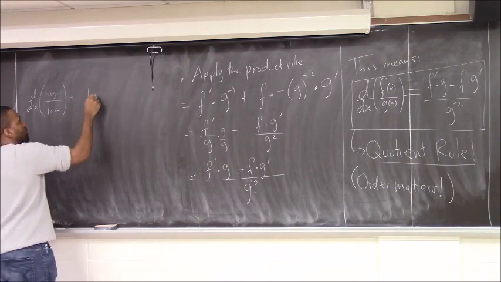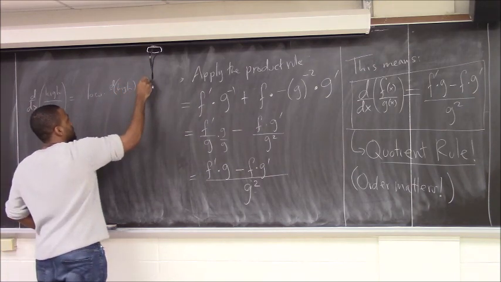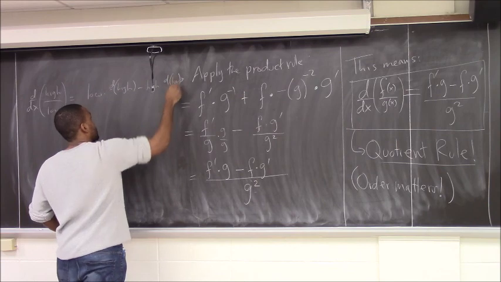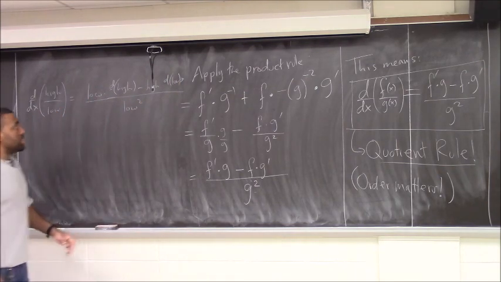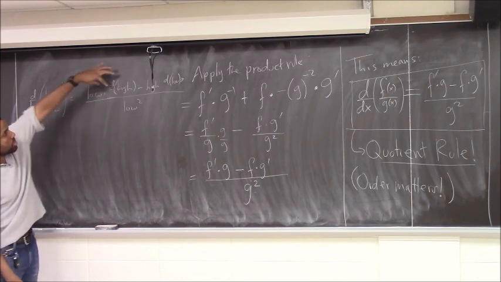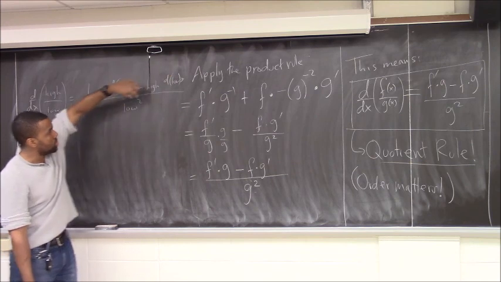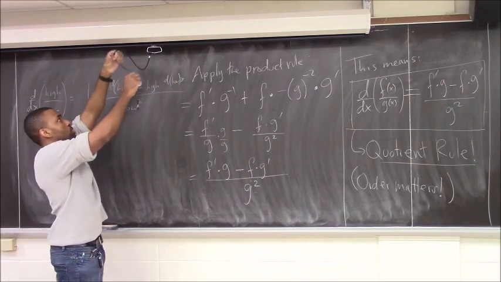So it's low D high minus high D low over low squared. The same kind of idea. You take the derivative of the top function times the bottom minus the top function times the derivative of the bottom over the bottom squared. And you get that low D high minus high D low over low squared.